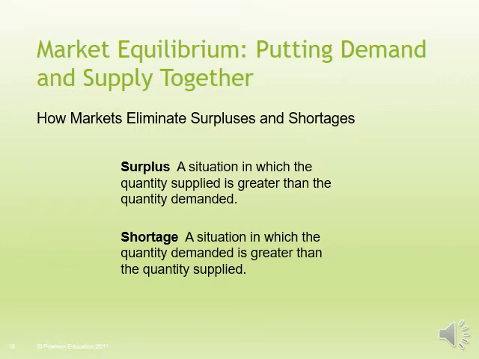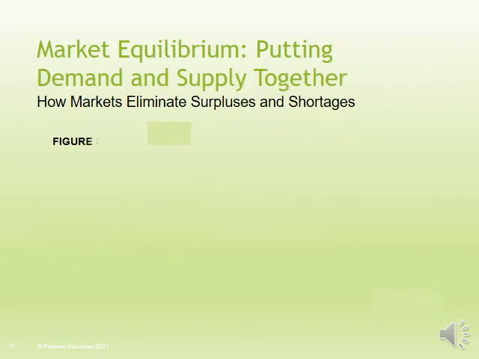There'll be a lot more units of gold demanded. Well, there's not enough gold to go around for everyone who wants gold, so eventually the price is going to be pushed up until it reaches the market equilibrium. Let's look at that on a graph.